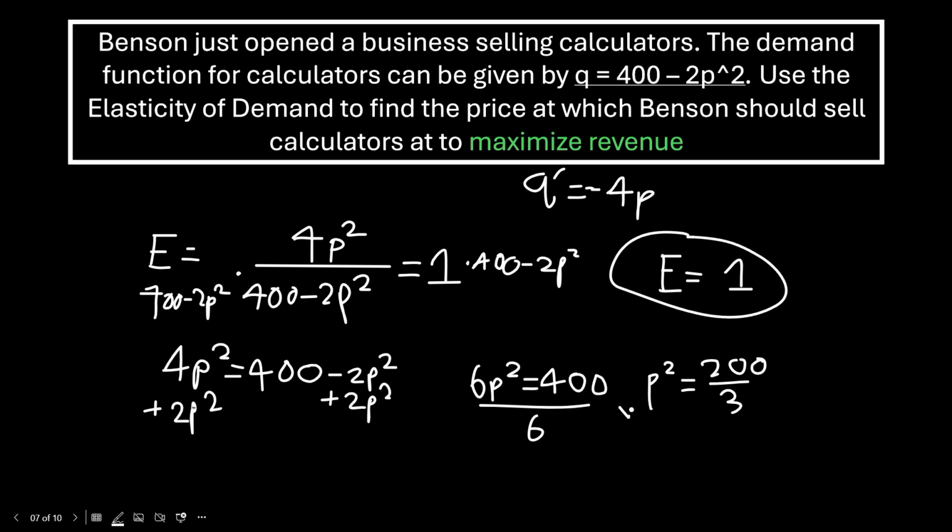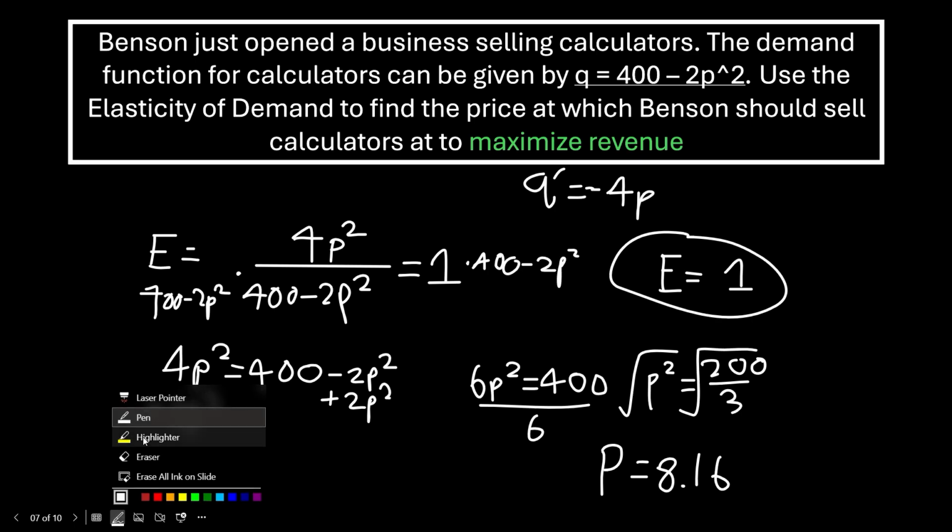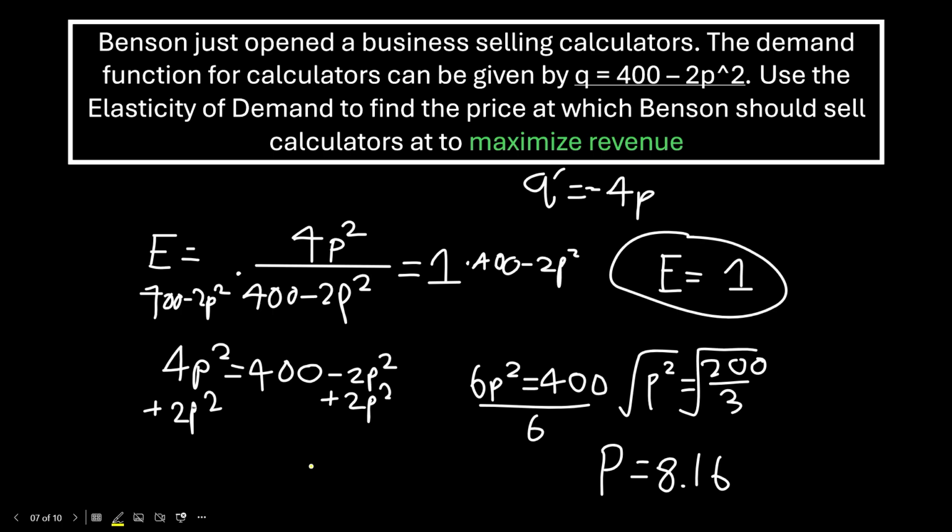And finally, we take the square root on both sides, and our answer is p equals $8.16. And that is the price at which Benson could sell calculators to maximize revenue.